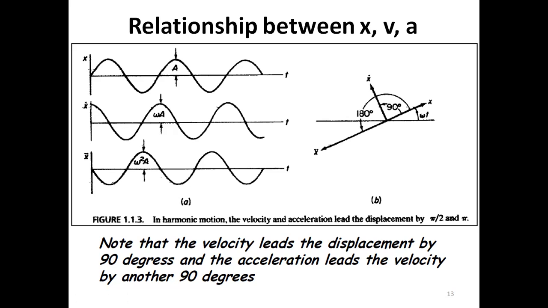And again, as it starts moving towards the other extreme position, its velocity would slowly and gradually decrease, and it would reach the other extreme position. Its velocity would become zero, and then again its velocity would start increasing. And as it reaches the equilibrium position, its velocity will be maximum.